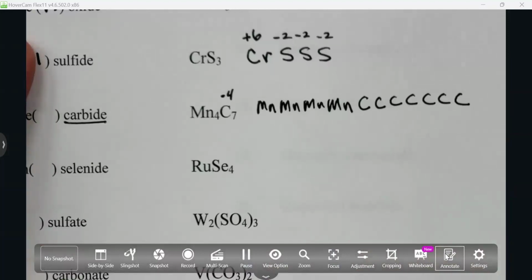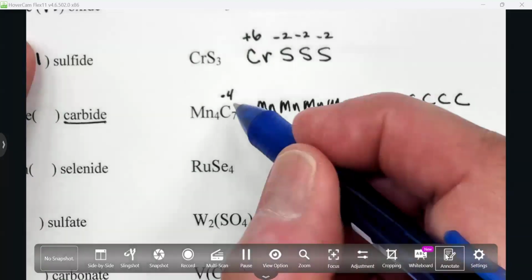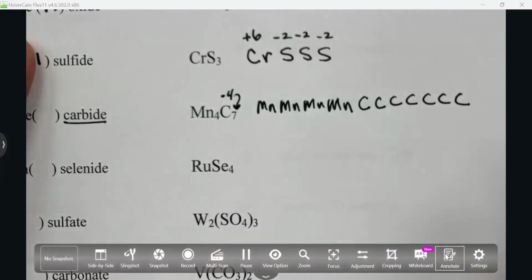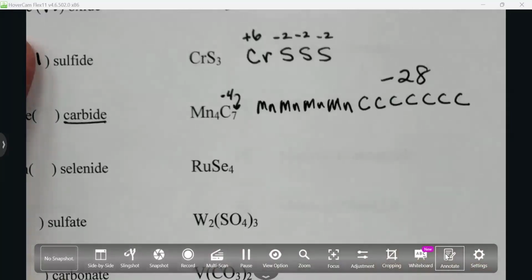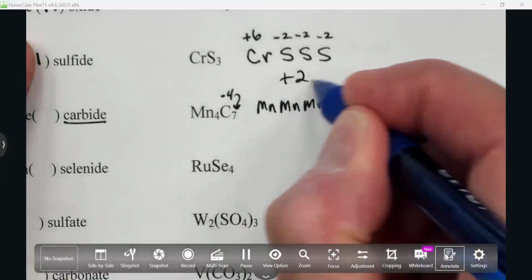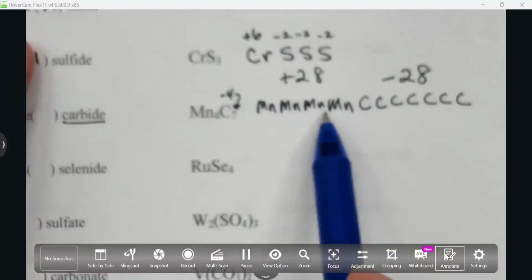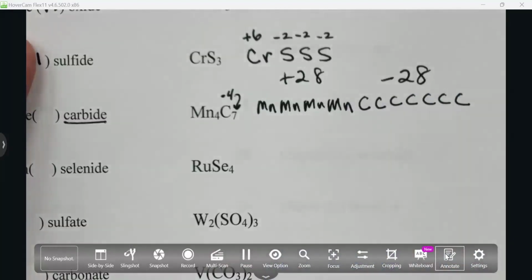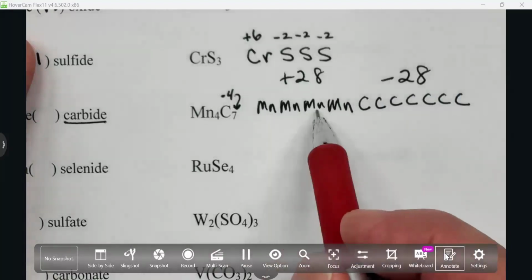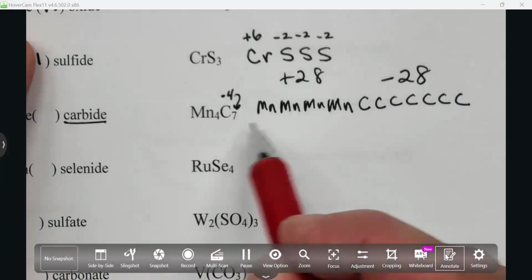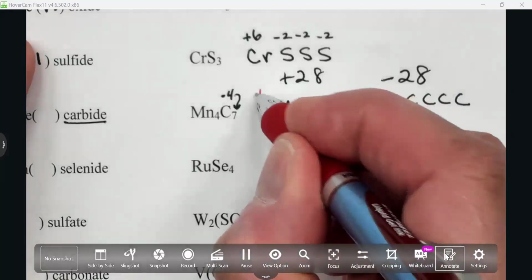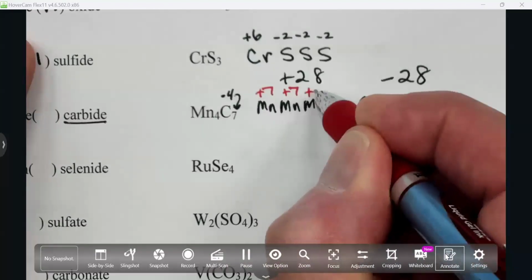Let's do a little multiplication, though. -4, and if you got 7 of them, -28, right? You know you're going to get a positive 28 out of these 4 manganese. What charge or oxidation state are these manganese then? These are 7s, right? Manganese 7 in order to get 28.